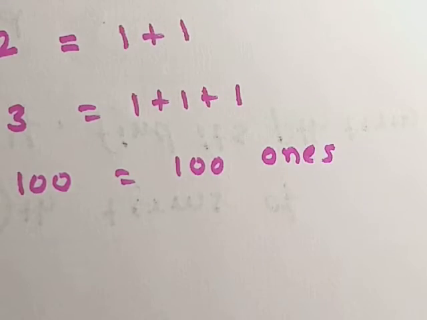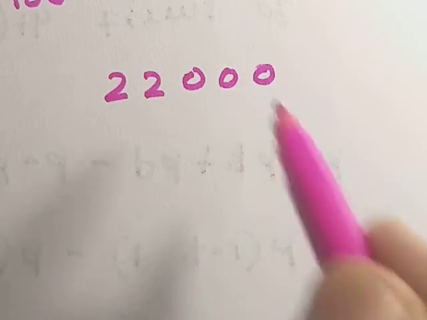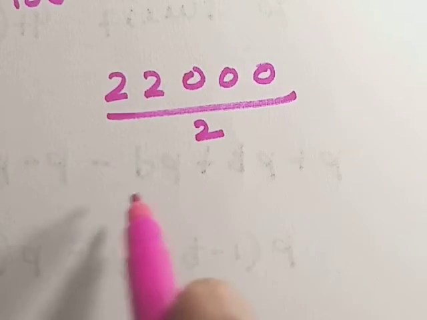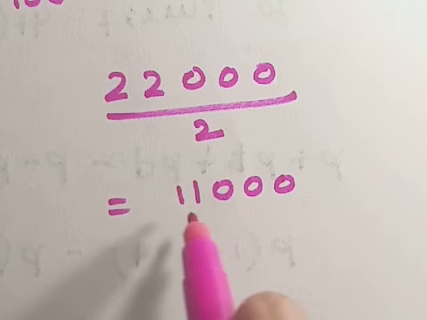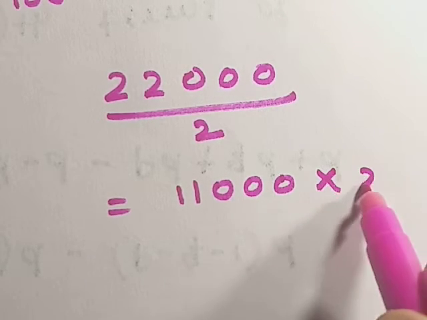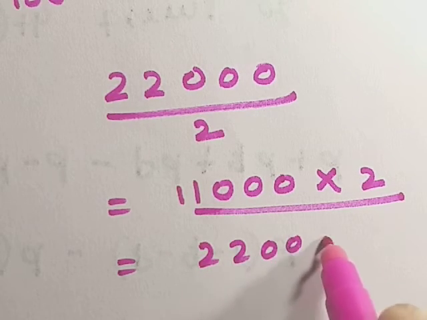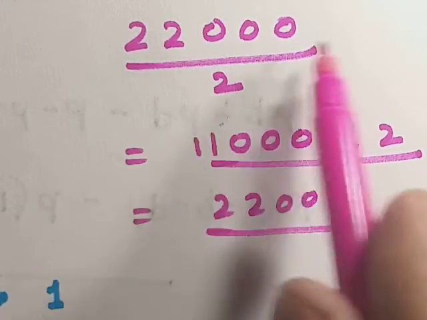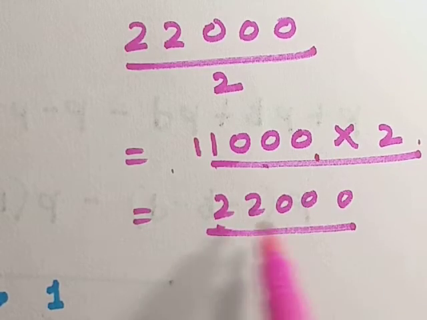I'll explain you again. How many twos are there means, if you divide it by 2, you will get 11,000. If 11,000 is multiplied by 2, it gives you 22,000.